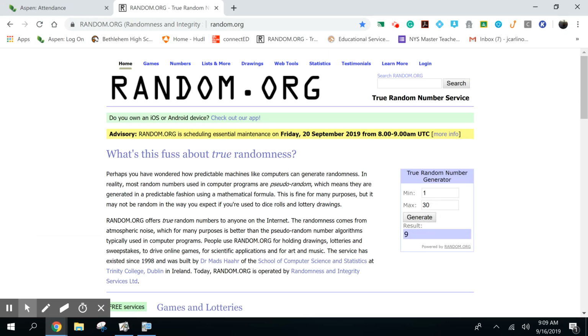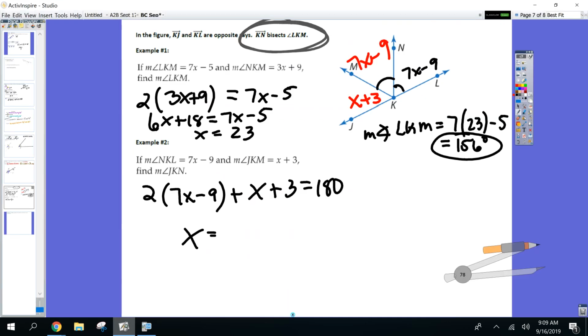Getting the value of x. Number 9, value of x. 13. Nice job. Doesn't make us a winner, though. I do have to go and find JKN right now.